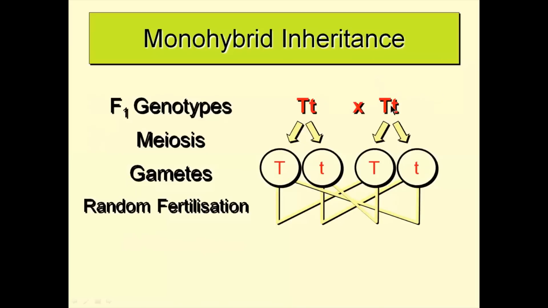Similarly, for this, the gametes produced are capital T, small t. So we will cross these gametes with each other. This capital T will be crossed with this capital T and this small t. This small t will be crossed with this capital T as well as with this small t.